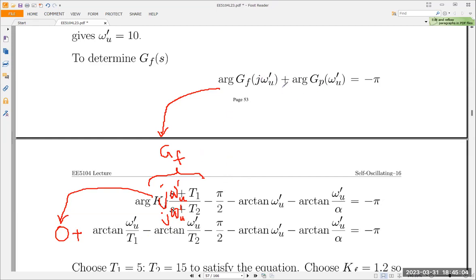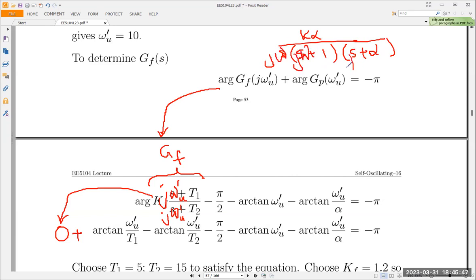The phase of this, if you remember the plant transfer function, the plant transfer function is K alpha over S into S plus 1, S plus alpha. You replace S by j omega.